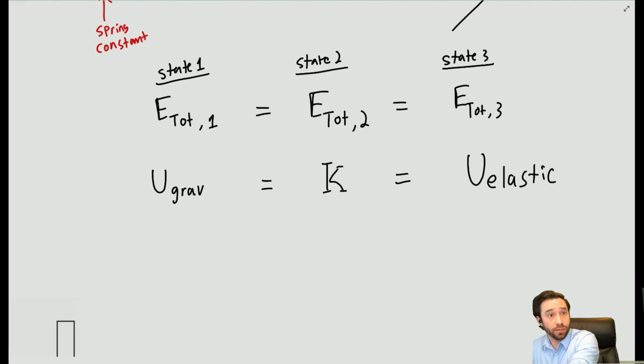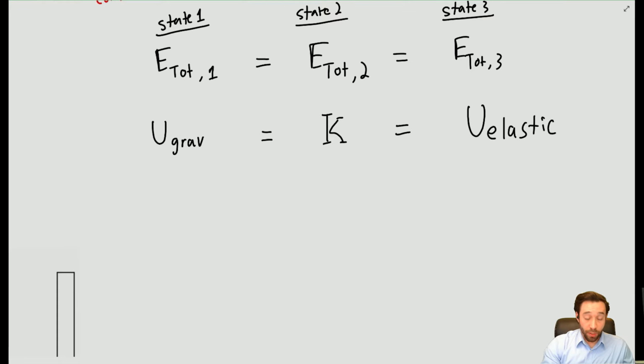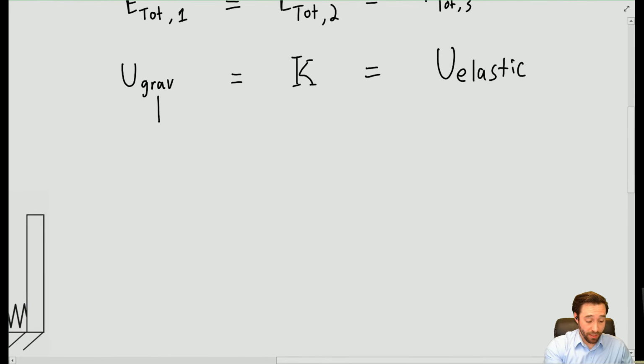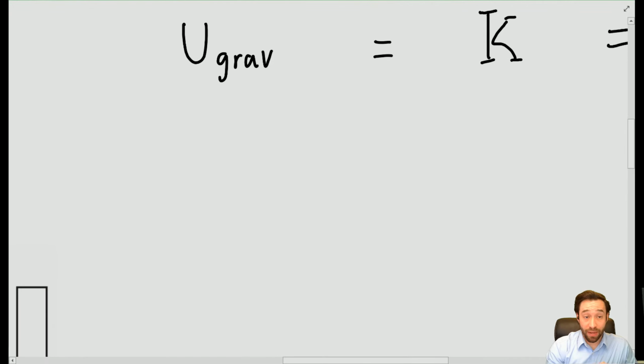Okay. Sorry, just double checking the chat. Now, what I'm going to do is write in what these formulas are. I'm going to write down what gravitational potential is, what kinetic energy is, and what elastic potential energy is. So the equation for gravitational potential is just the mass times the acceleration due to gravity times the height of the object.